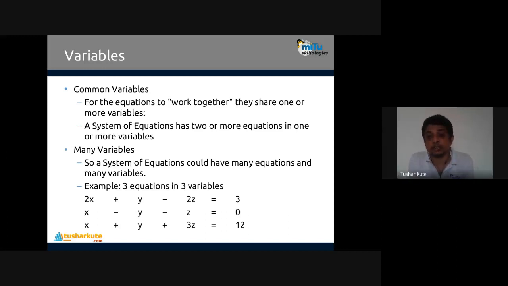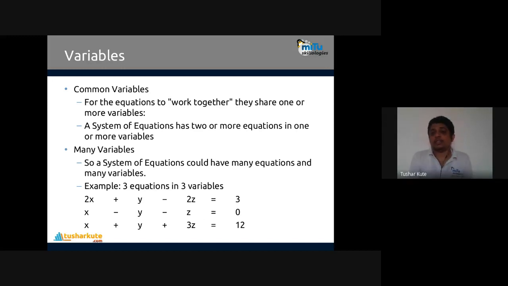Common variables are there, so the set of equations should have that. For example, I give 2a plus b is equal to c, and second is 3x by 2 minus y is equal to z. Are they a system of linear equations? No, because they don't have common variables.